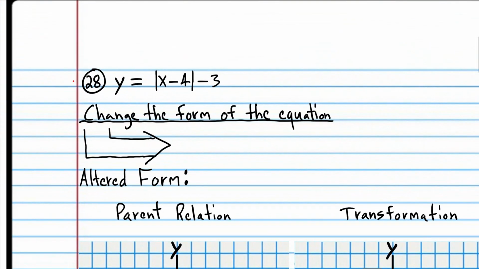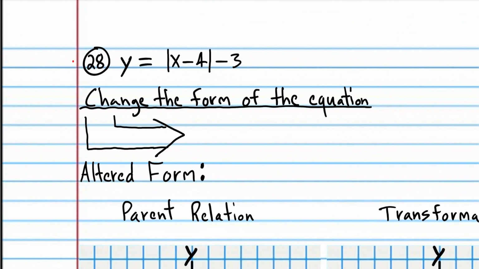We have a slightly more complicated equation here, and you can see that we're subtracting 4 from x. That tells us to move the parent graph 4 units to the right. But we're also subtracting 3 here from the absolute value of x minus 4, and we don't know what that tells us to do to the parent graph. So you know what we're going to do.